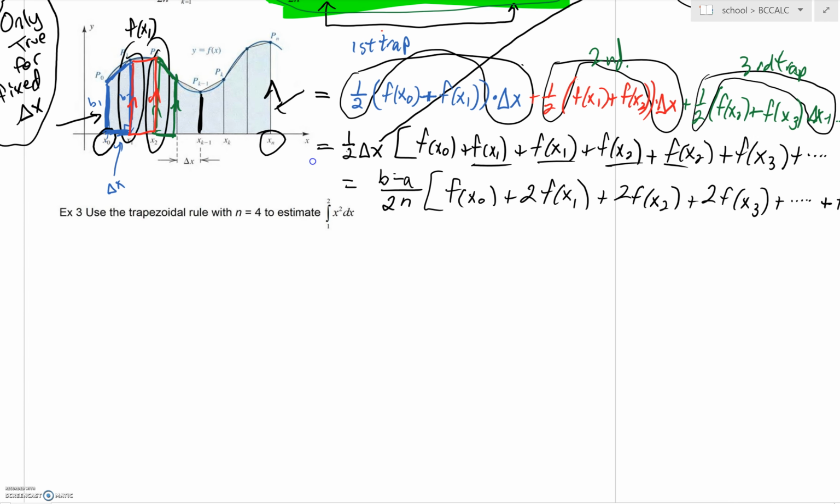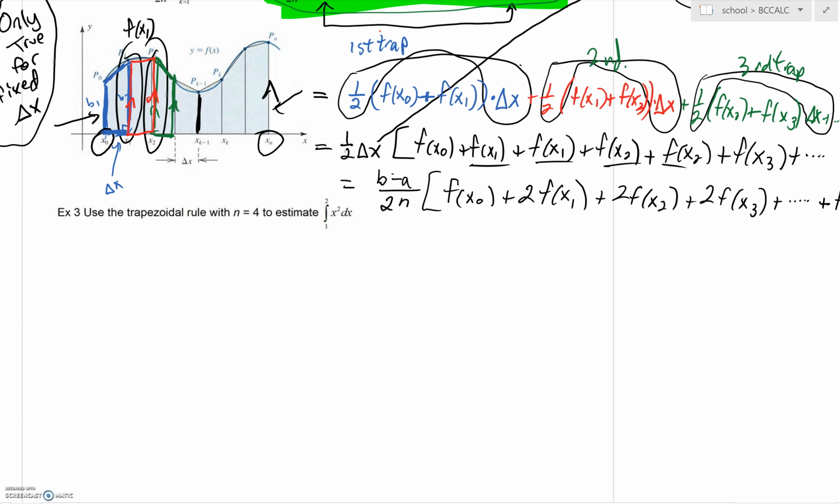It says use the trapezoidal rule for trapezoids to estimate what's happening with this integral. Now, ironically, let's be honest, if we wanted to find what's happening with this integral, we could work it out way quicker by hand, and we could get the exact answer. But we're just dealing with basic premises.